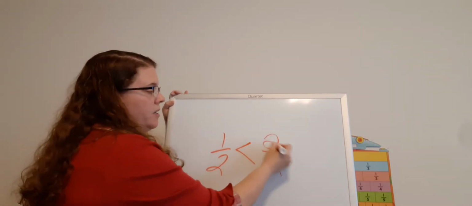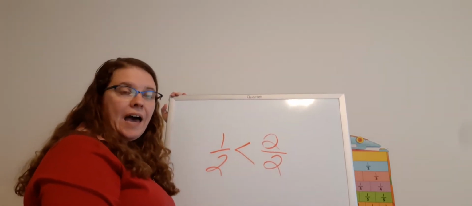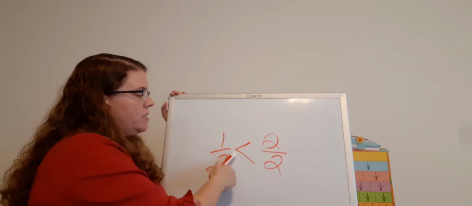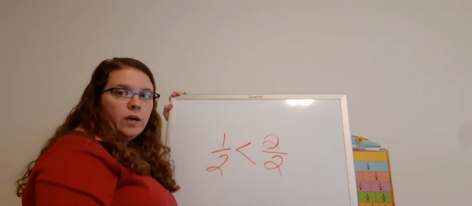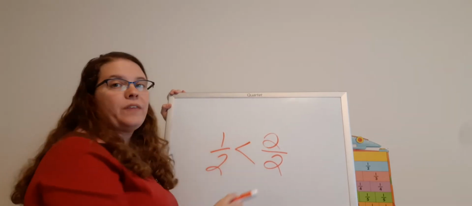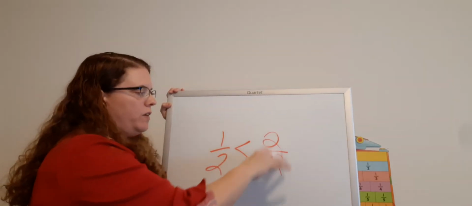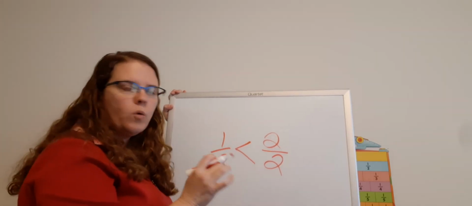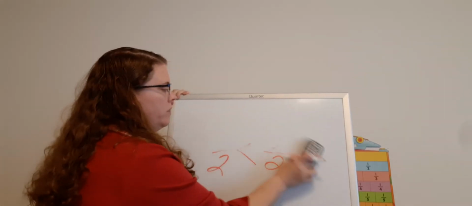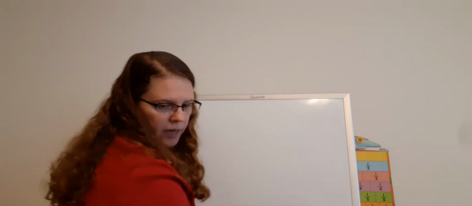You would have to say 2, right? 2/2. So 1/2 is less than 2/2. We could put like a 3 or a 4, but then we're getting to fractions greater than 1. So let's just stay with these, okay? Don't go over 1. All right, so there's that one. Let's look at number 11.